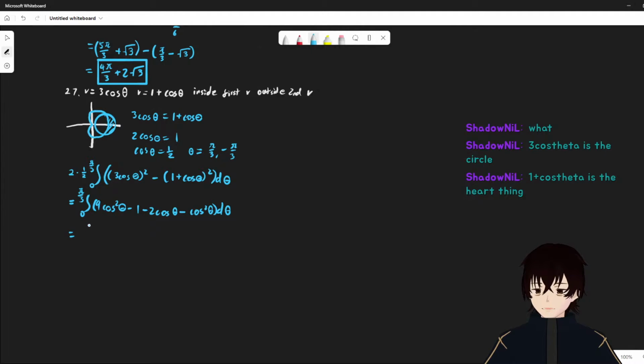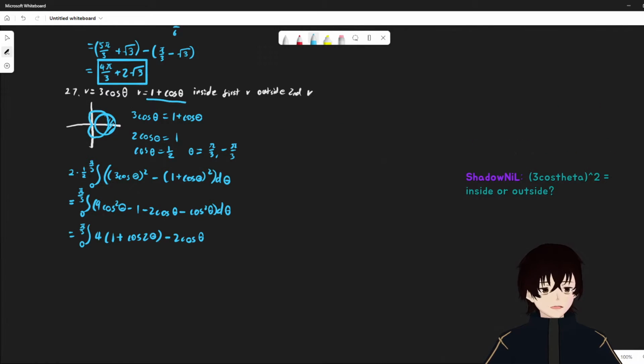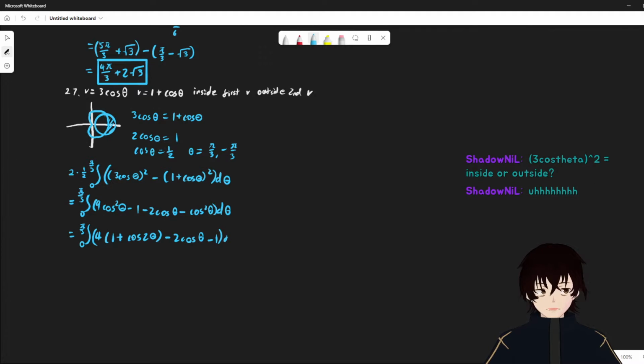Therefore, we have 0 to pi over 3. We take 1 cosine away, that turns into 4 times 1 plus cosine of 2 theta, minus 2 cosine theta. We want it to be outside of the heart and inside of our circle. So this is outside, this is inside. Outside minus inside. And then minus 1, d theta.